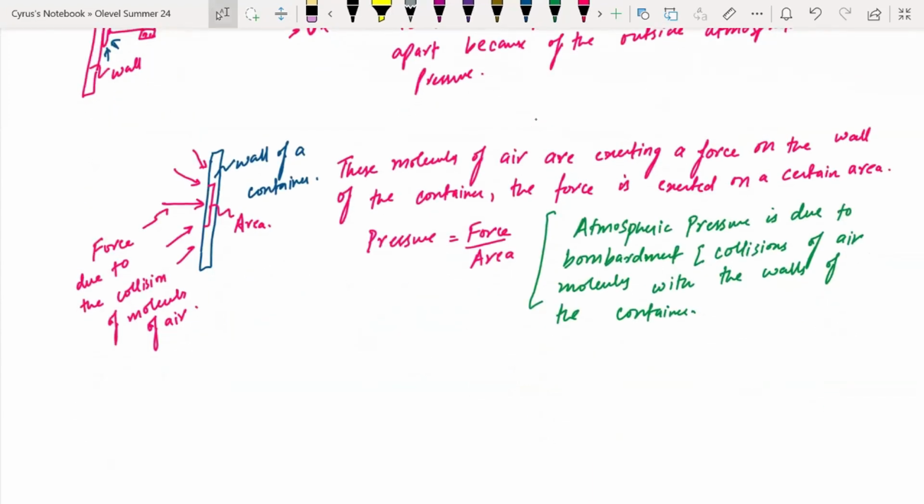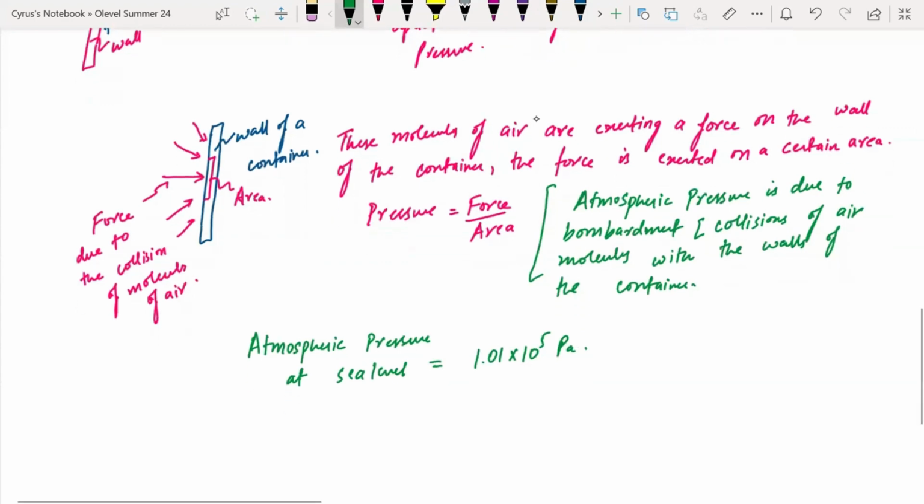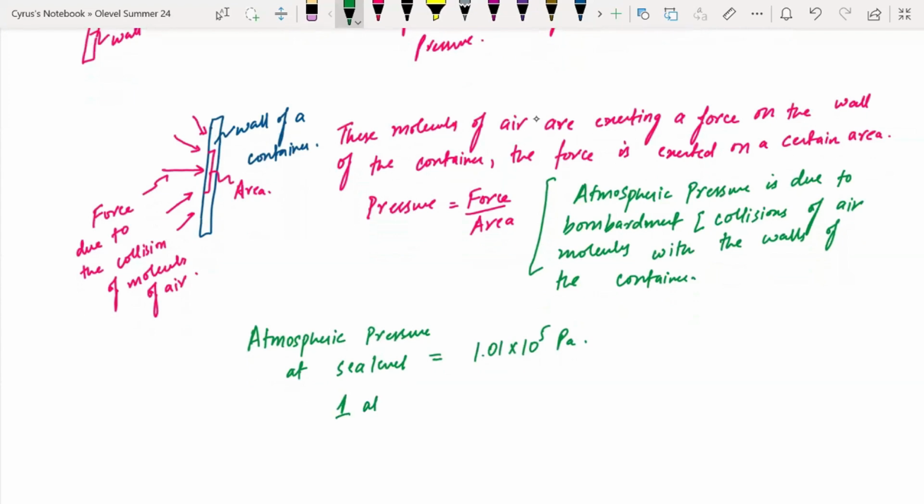You must be aware of the fact that the atmospheric pressure at sea level has a value of what? It's 1.01 into 10 raised to power 5 Pascal. Okay, Pa is for the Pascal, right? We sometimes also call it 1 ATM or 1 atmosphere.